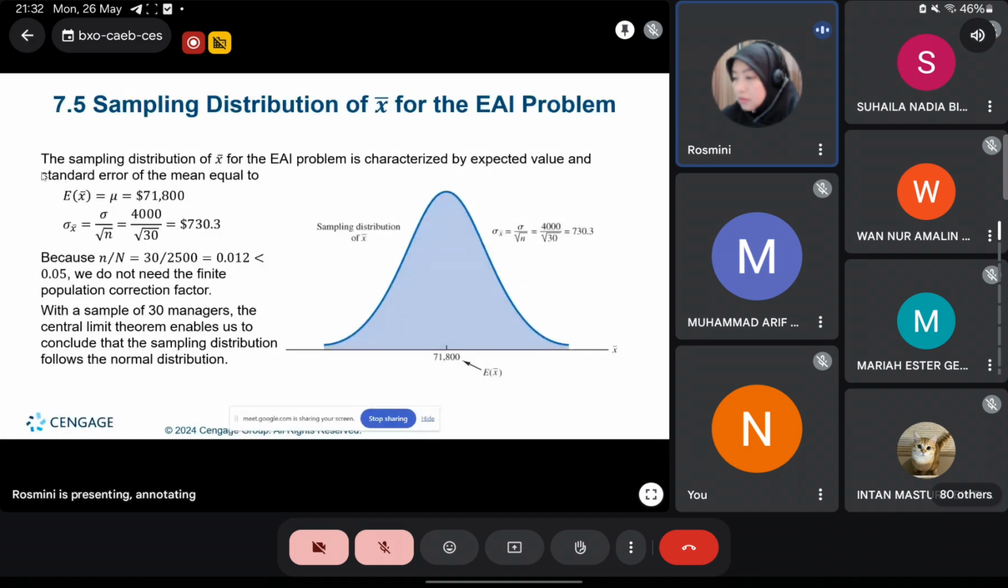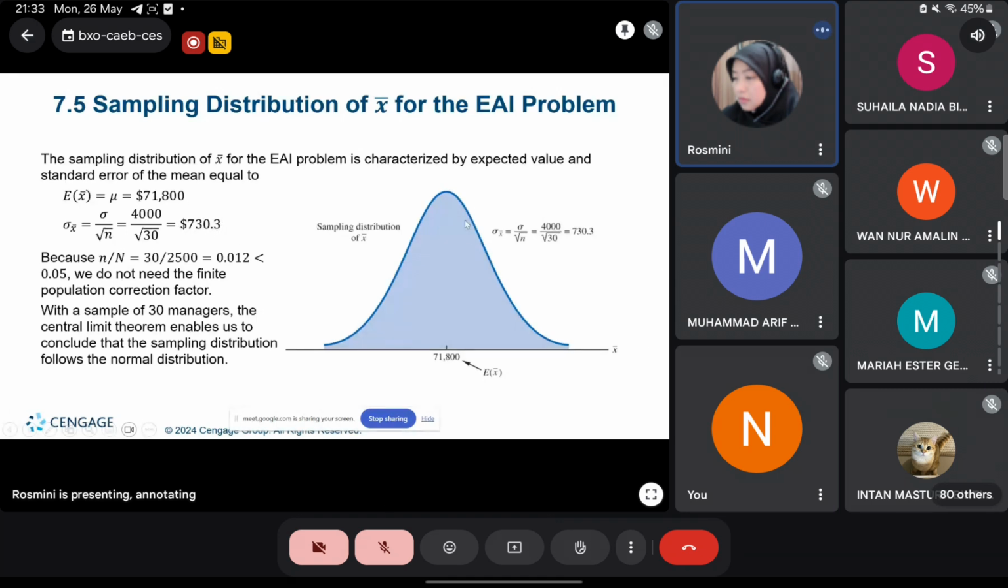So the expected mean of all the sample means will be equal to mu, which is 71,800. Your sigma for all your samples will be equal to sigma divided by the square root of n, and finally you will get 730.3.